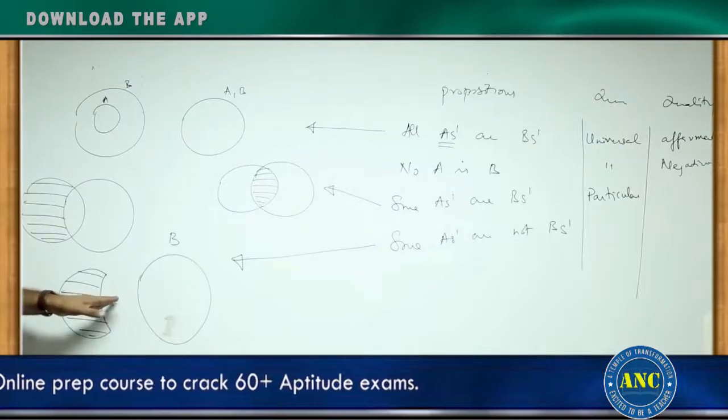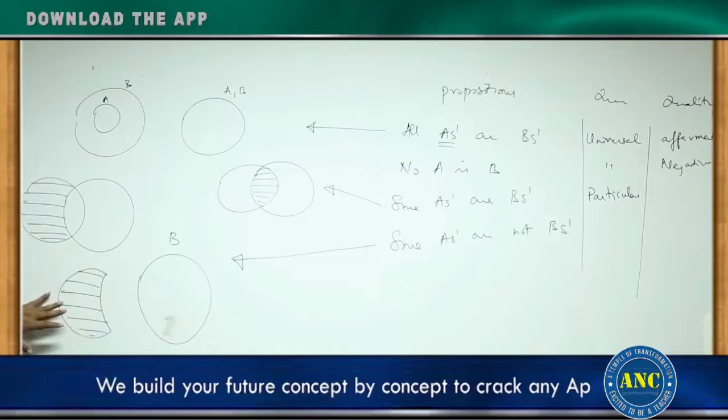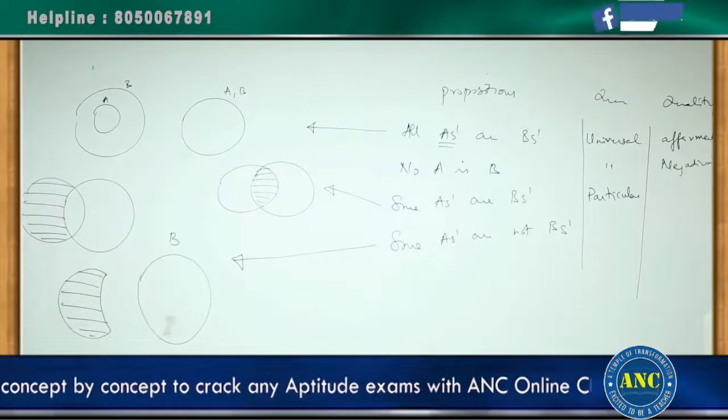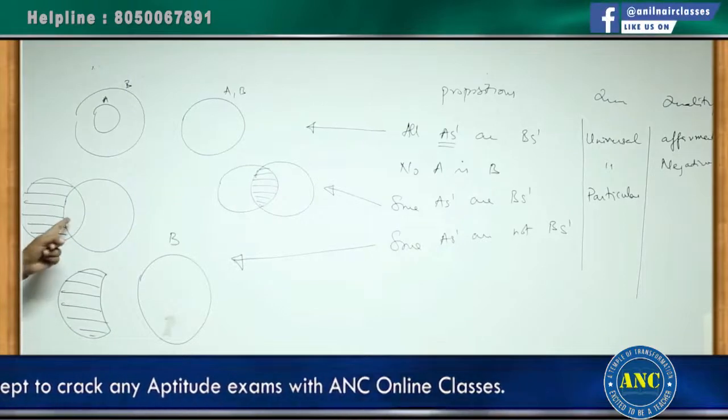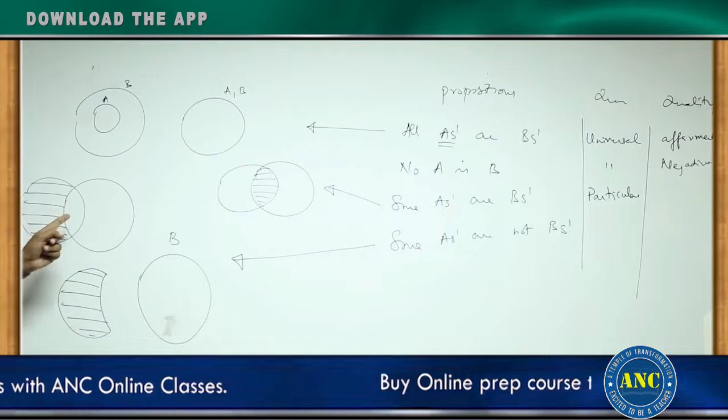You don't know about the other A's, so don't draw anything about them. This is the best representation of some A's are not B's. This is not. In this you are saying some A's are B's, which you don't know.